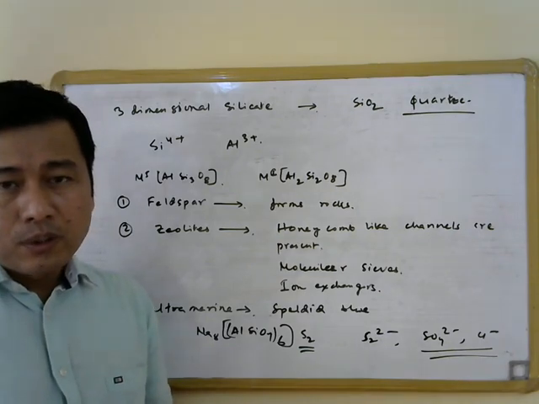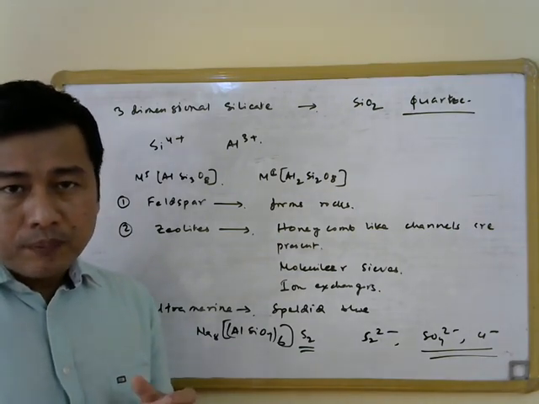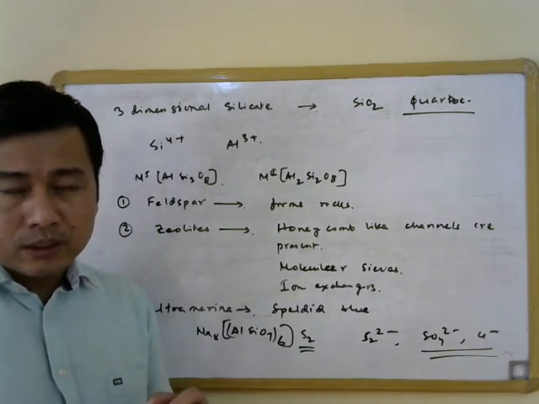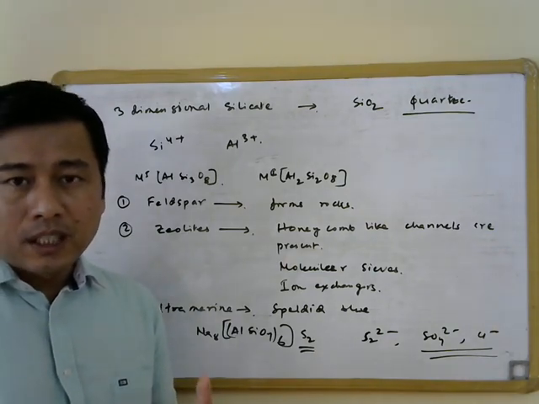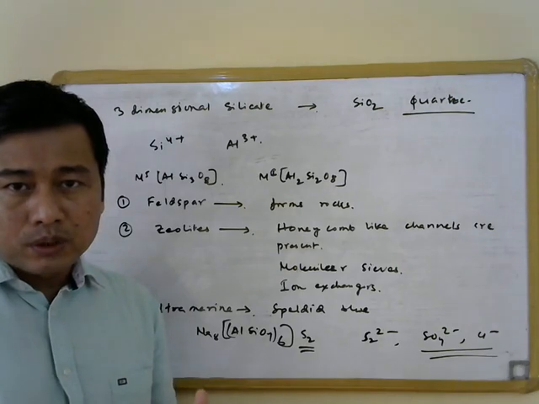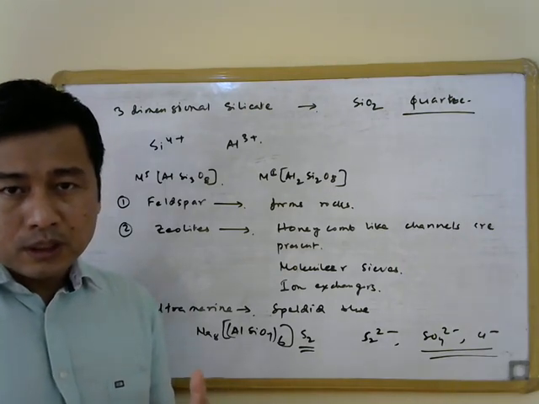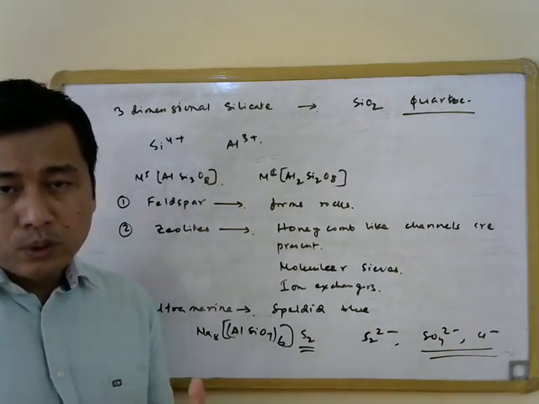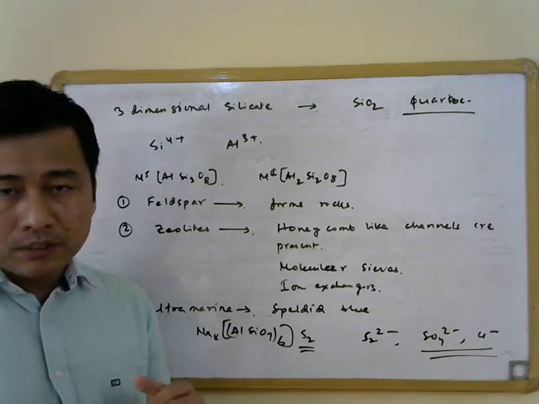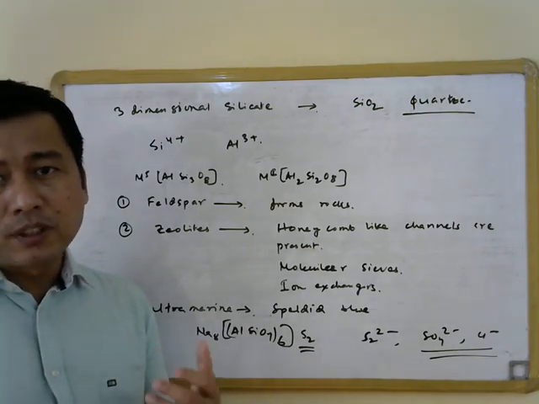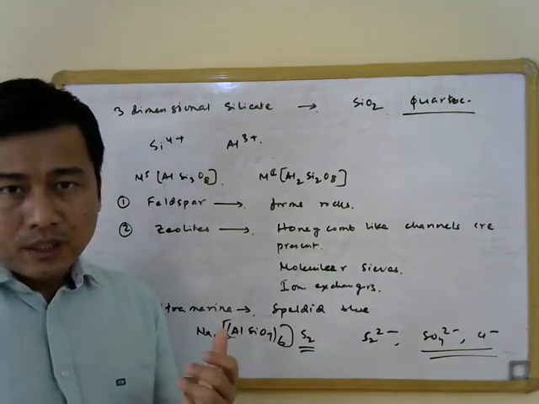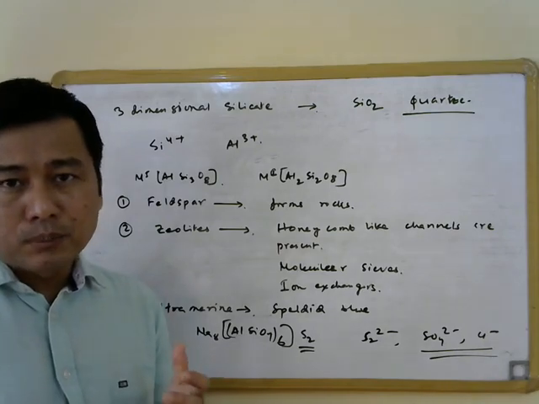And finally, we have also seen how we can modify these sheet silicates by using other layered materials, because the OH groups present on one side of the surface of the sheet silicates can be condensed with other layered hydroxides, and that leads to formation of different aluminosilicate sheet minerals.